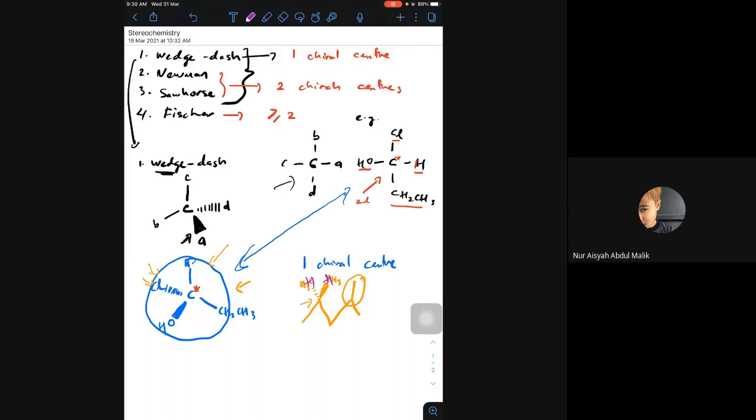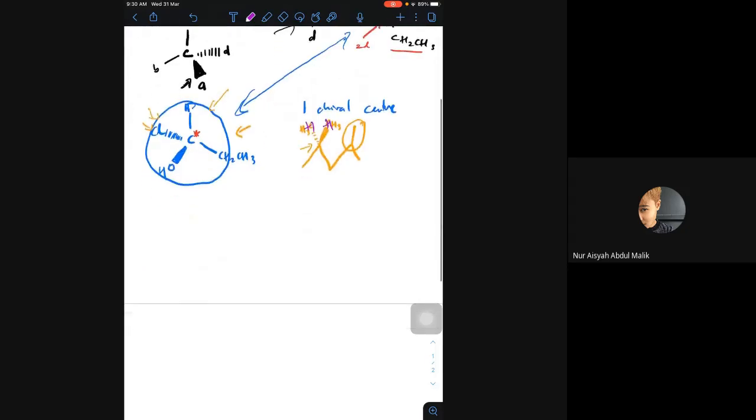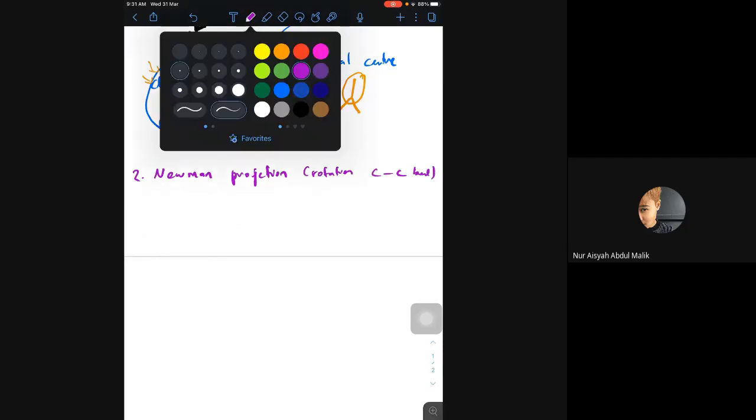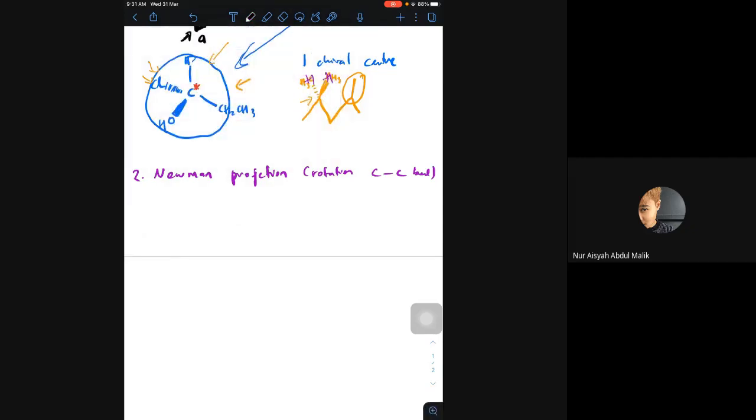Tak ada? Okay. So, the second one is the Newman projection. This is when you can have the rotation upon this CC bond. If you look at the structure, suddenly you see that you have a round shape and then something sticking out like this, right?